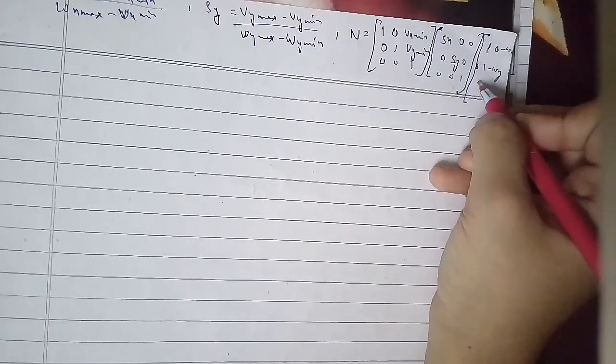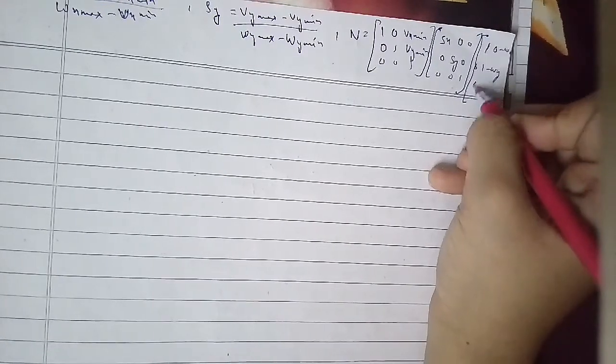So you have to solve for the parameters of the normalized transformation. First of all I'll repeat the question because it's too long, so you can get to know about it.